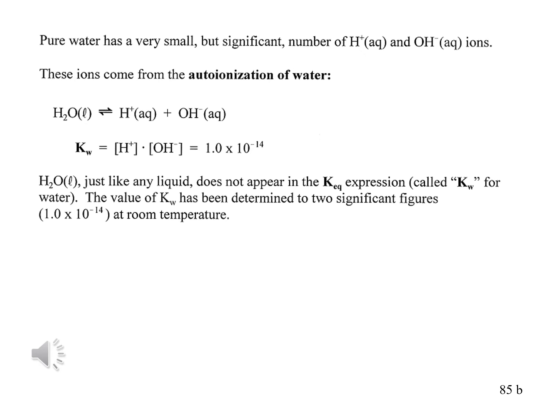At room temperature, it's actually 1.02 something, but most people just use 1 times 10 to the minus 14. This is the only number that you actually have to remember in Chem 132, the only one. This number is just as important this semester as Avogadro's number was last semester.